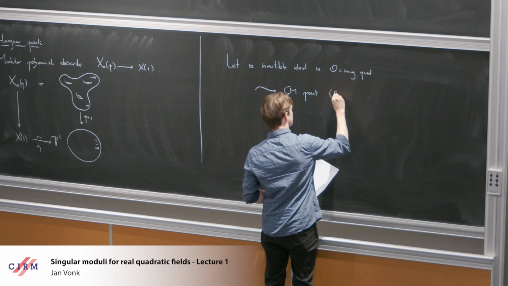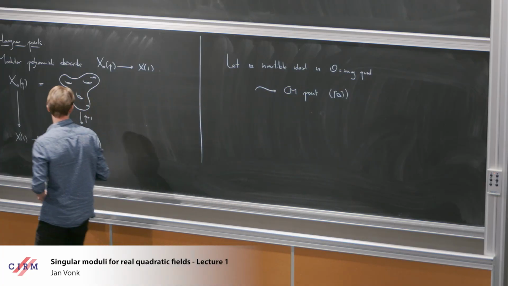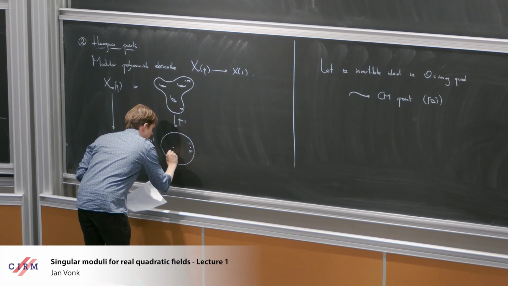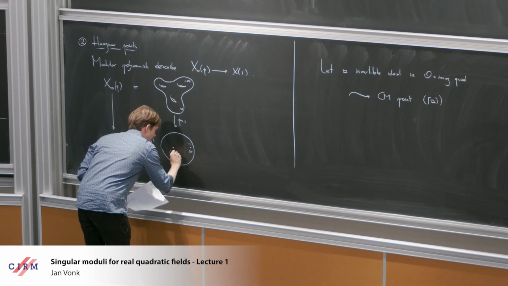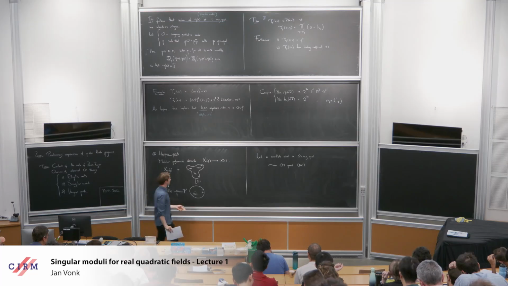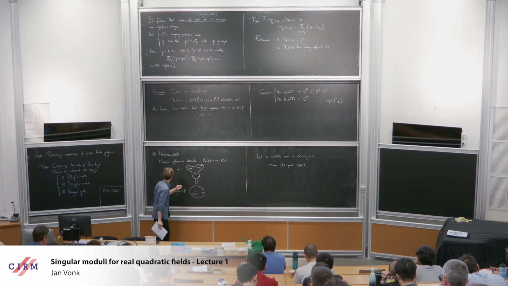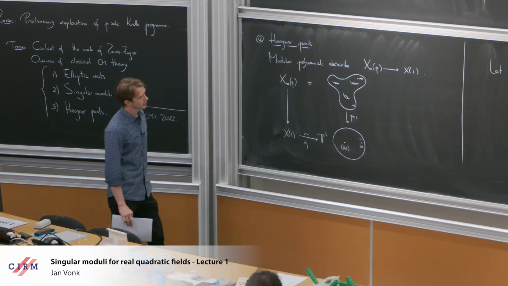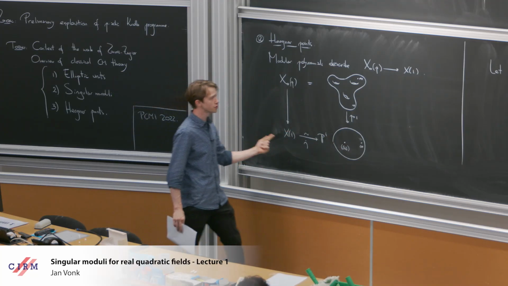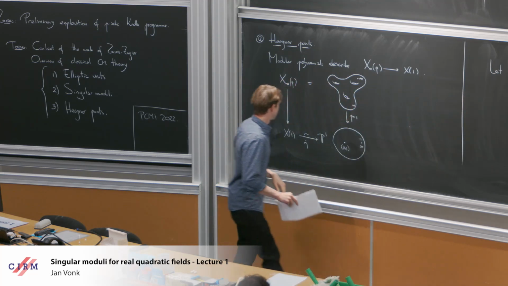Maybe this is not good notation, but let me call it this. So associated to such an ideal, up to SL2Z equivalence, I get one single point here. I can take the CM point associated to this A, map it down, and that gives me a CM point here. That's essentially the value of the J function at this ideal A. Okay?